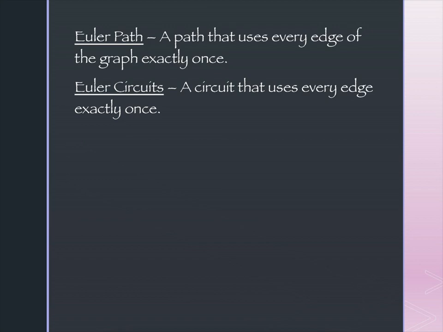That's an Euler path. An Euler circuit is a circuit. So circuit means it starts and stops in the same place, just like in circuitry, right? Computer science-y stuff. It uses every edge exactly once, just like the Euler path does, but it starts and ends at the same place.